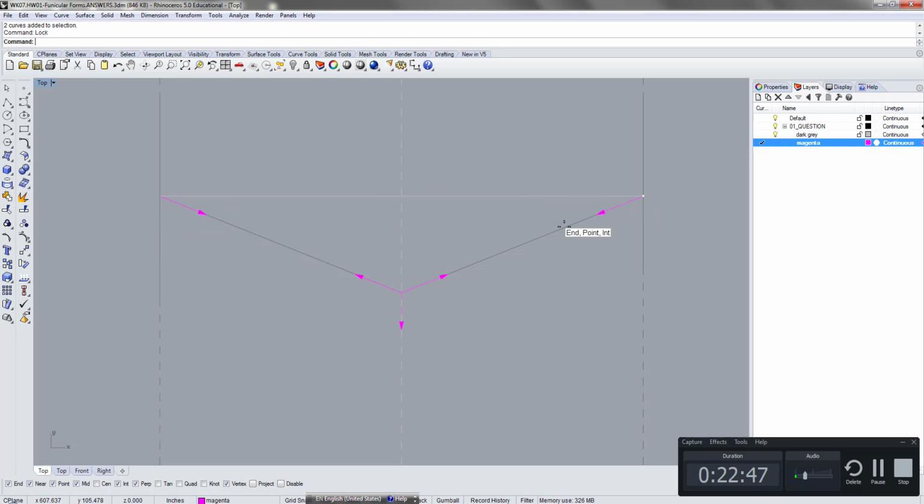The cable is attached to the wall somehow, and that much weight is hanging here. If you take this point, there's a downward force, which is obviously the applied weight. And then this cable is pulling this way, and that cable is pulling that way.